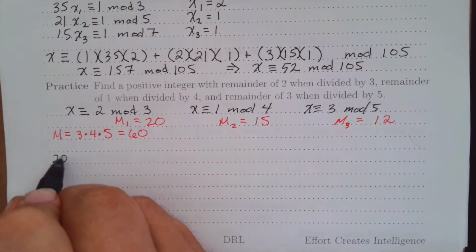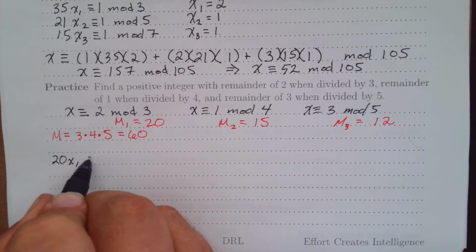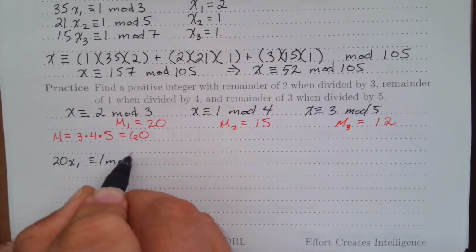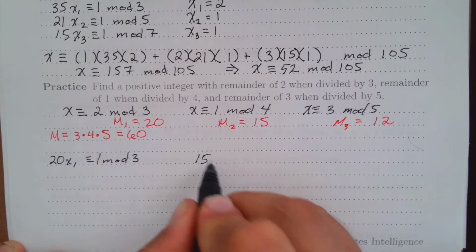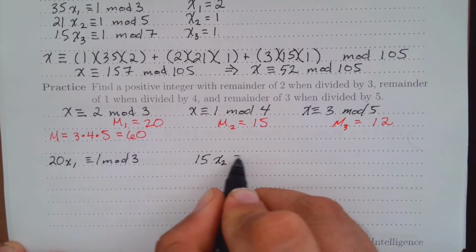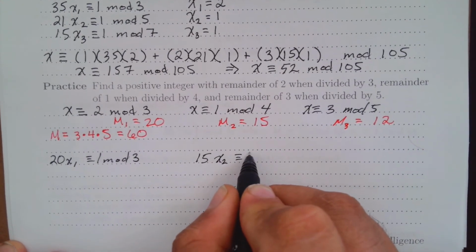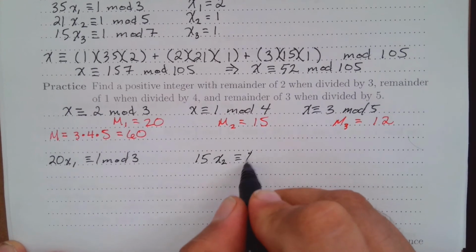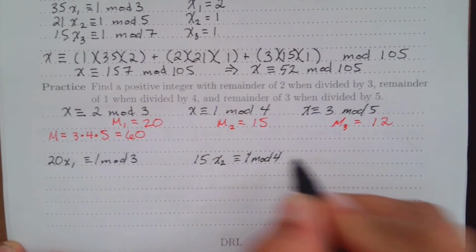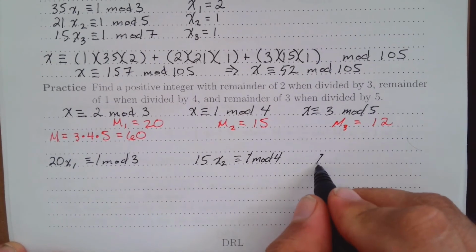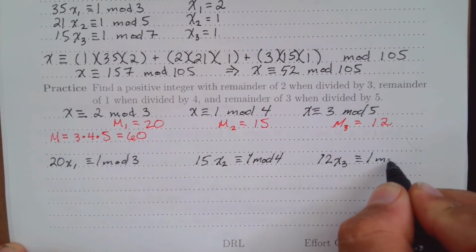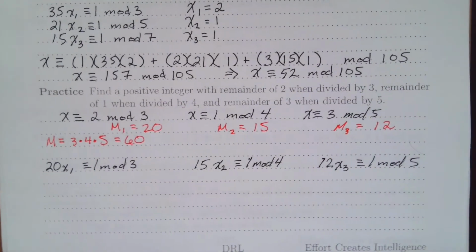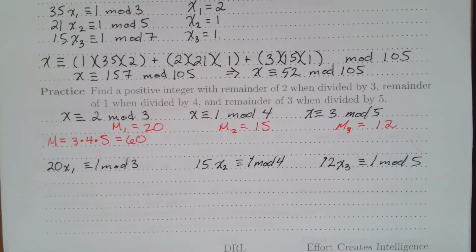So I need to solve 20x1 equivalent to 1 mod 3, 15x2 equivalent to 1 mod 4, and 12x3 equivalent to 1 mod 5. I need to find their multiplicative inverses.